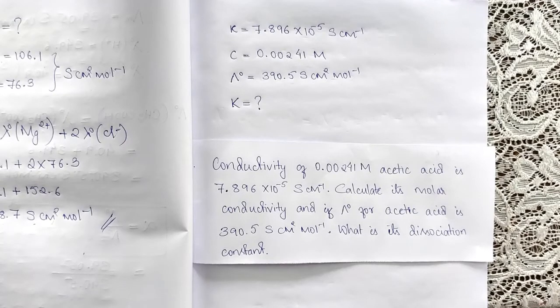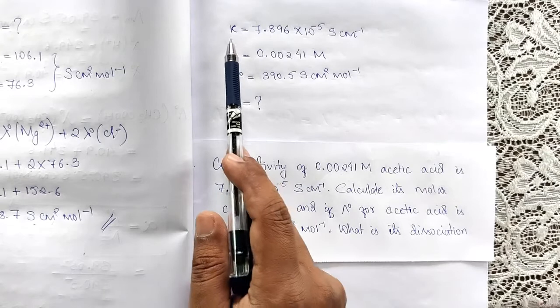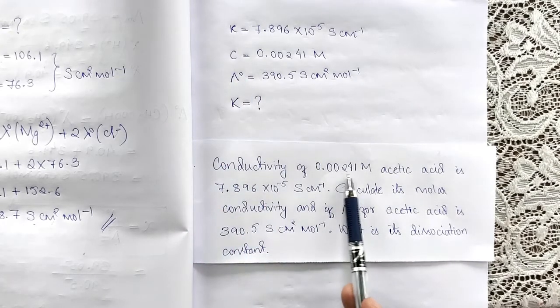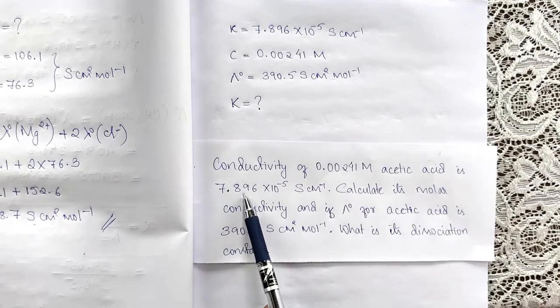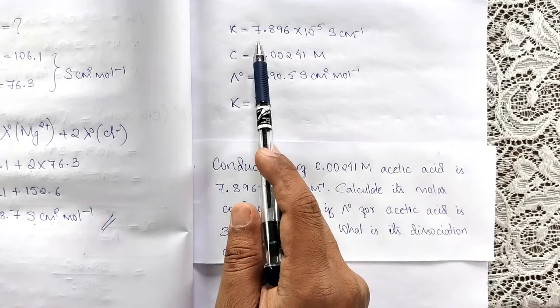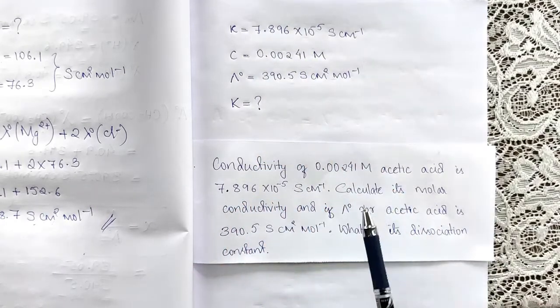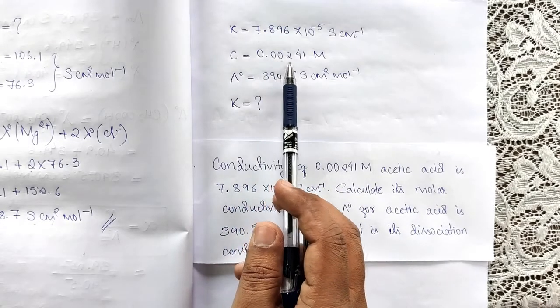So out here, conductivity is represented by kappa. This becomes your concentration, that is molarity of acetic acid, 0.00241.